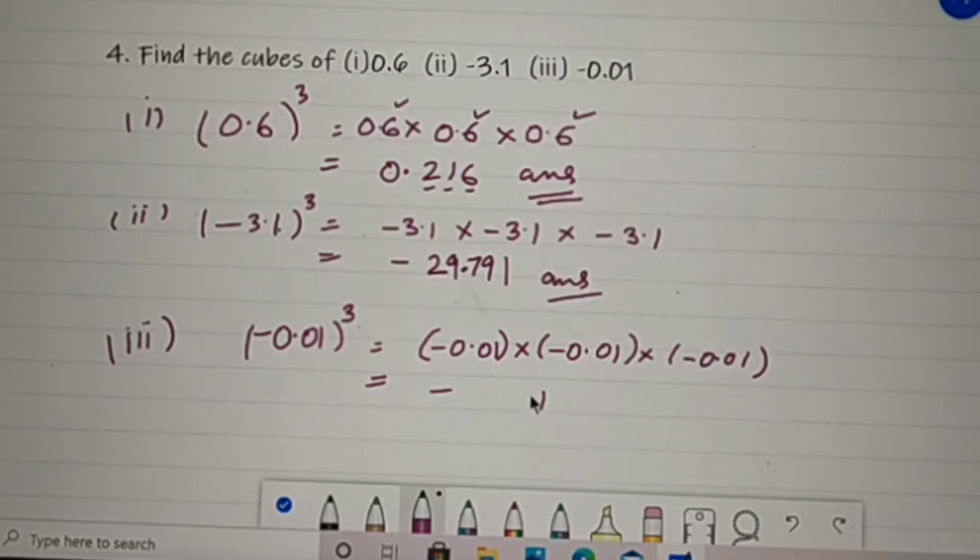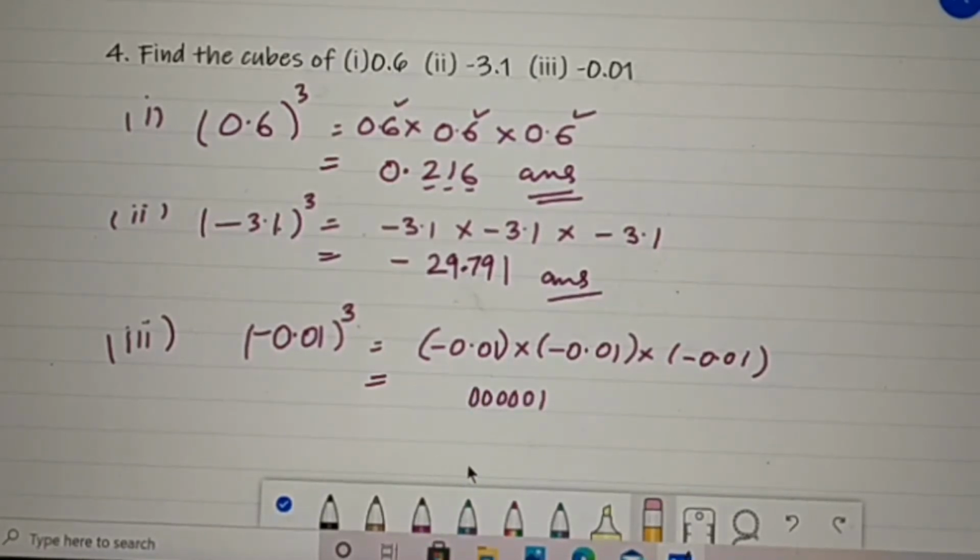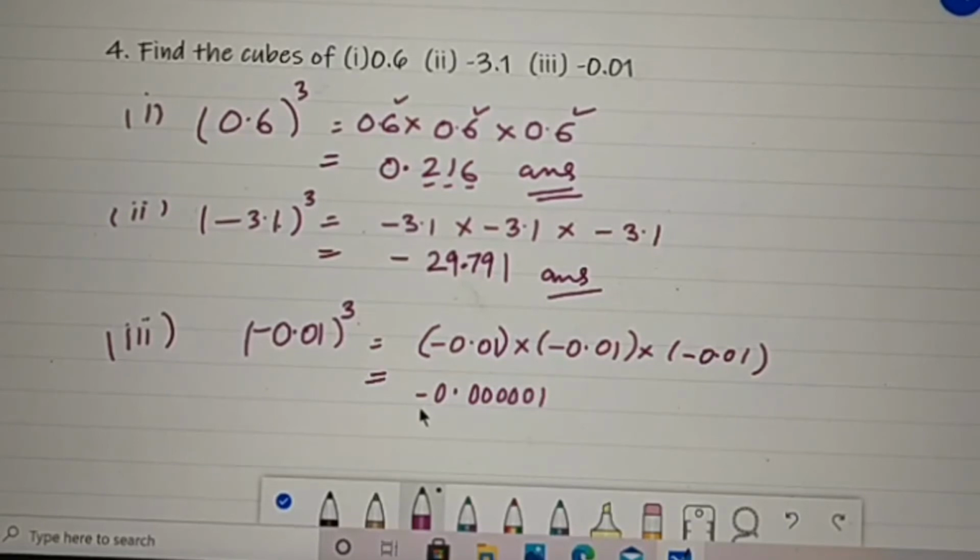So we have to put 5 zeros, and we put a dot and then 0, then negative. So 2, 4, 6 decimal places, 1, 2, 3, 4, 5, 6. Six places in the decimal part, then we have the point, and the answer is negative. This way we solve number 4.